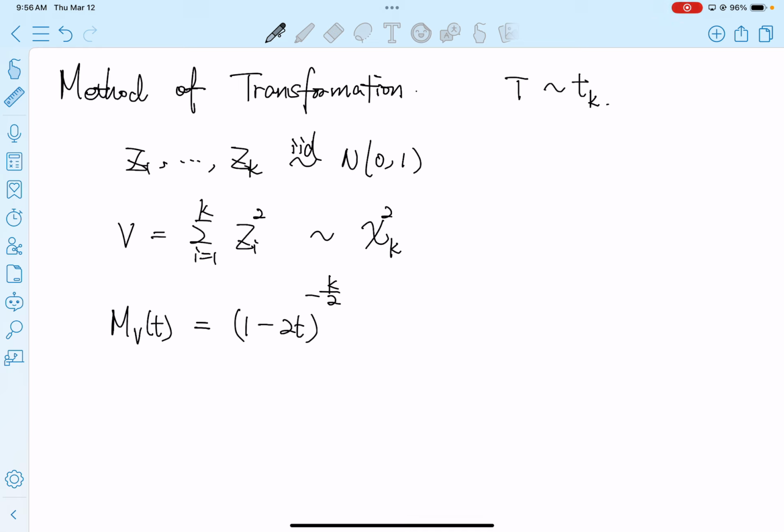We recognize that this shares the same moment generating function as the gamma distribution. So the chi-square random variable is a special case of a gamma distribution as well. V follows a gamma distribution with parameters alpha equal to k over 2 and beta equal to 2.